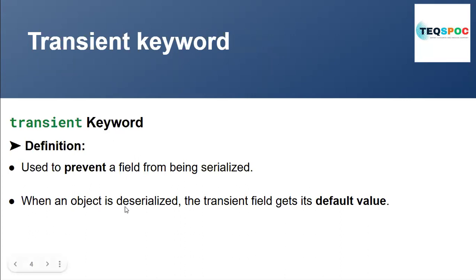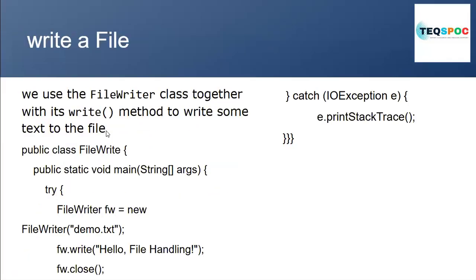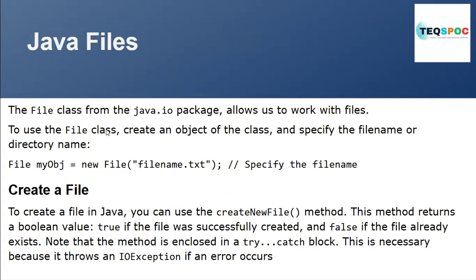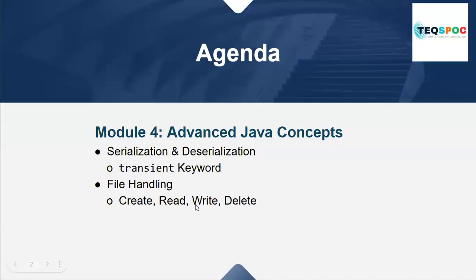When an object is deserialized, the transient field gets its default value. Okay, so this is the basic idea of serialization and deserialization. So let me show you an example of serialization and deserialization.